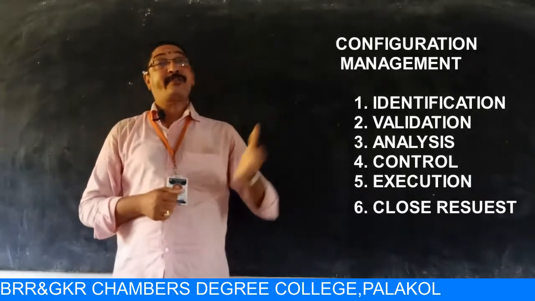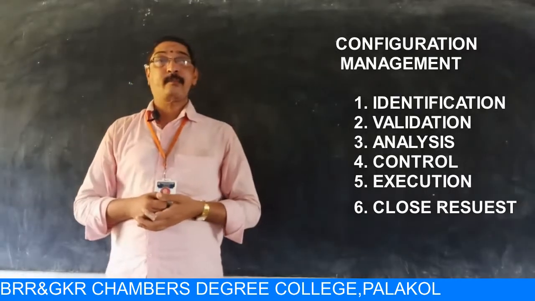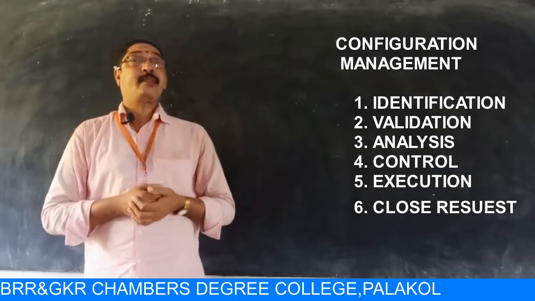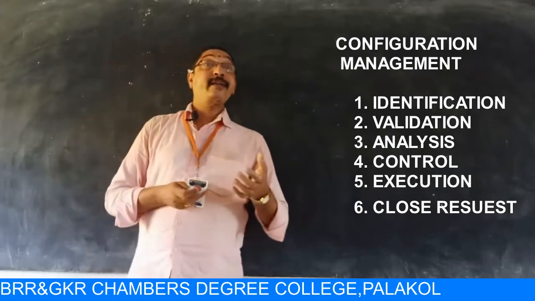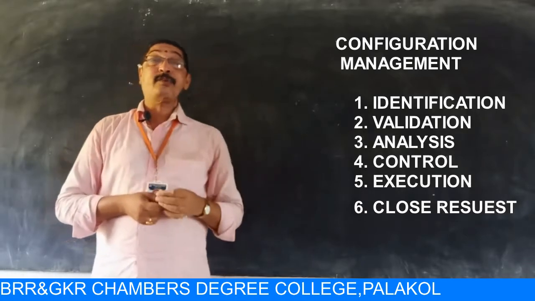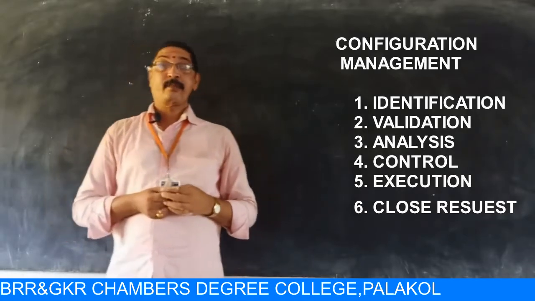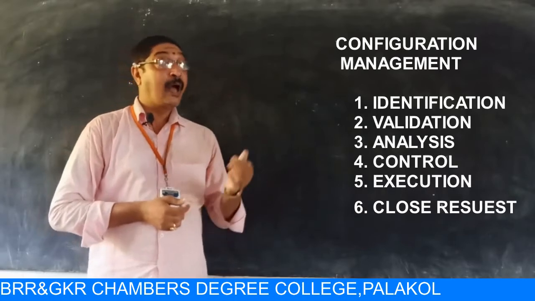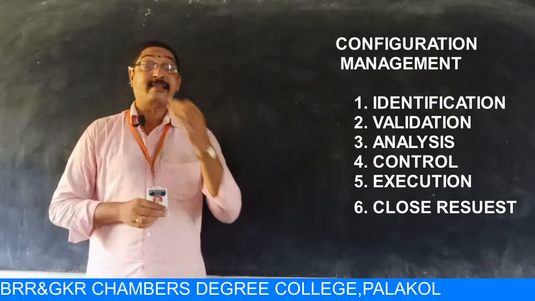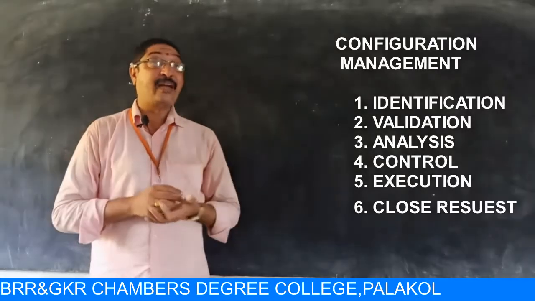This is the first task, identification. The second one is validation. That means the requirement must be validated, and its handling procedure must be identified and confirmed. That is the second stage, called validation.